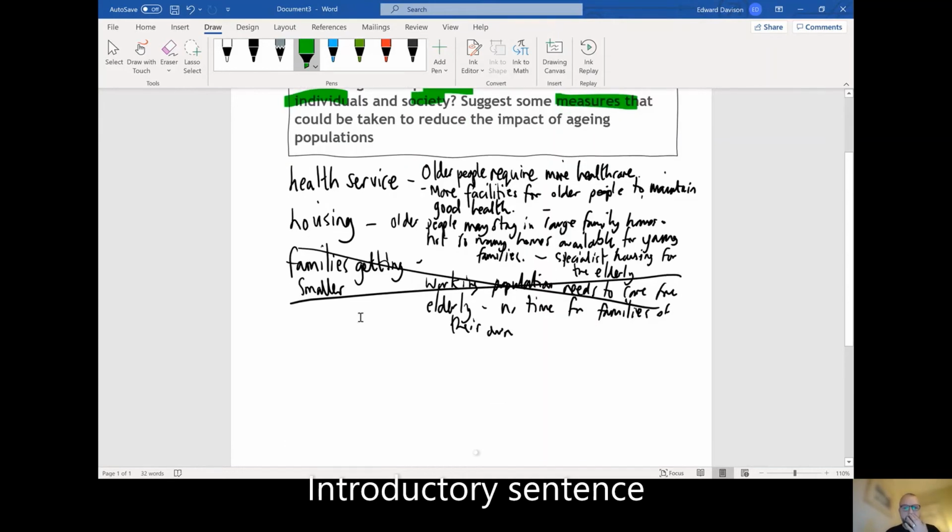Okay, so these days, in fact, let's say this. Let's start with the noun phrase.